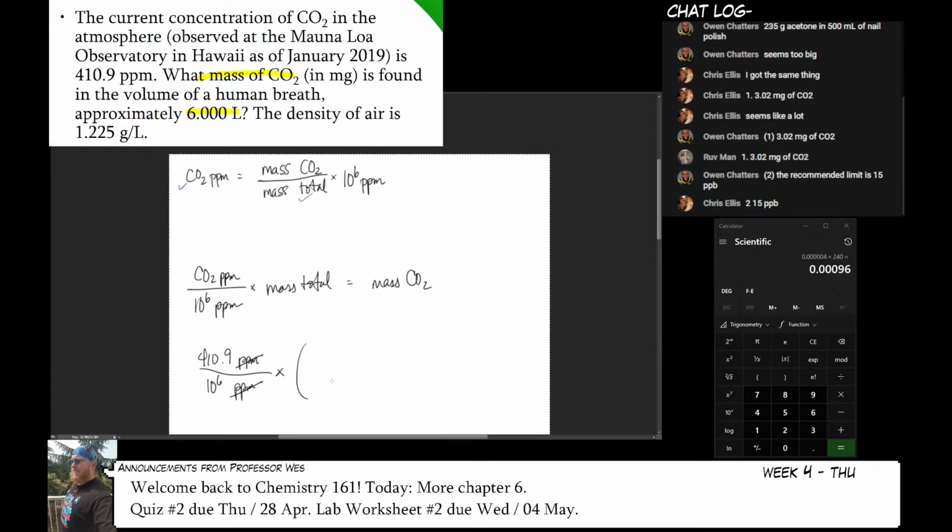So we'll just say 6 liters times some number of grams per liter. And so that will give me a number of grams of CO2. So that would be 410.9 over 1,000,000 times 6 times 1.225.